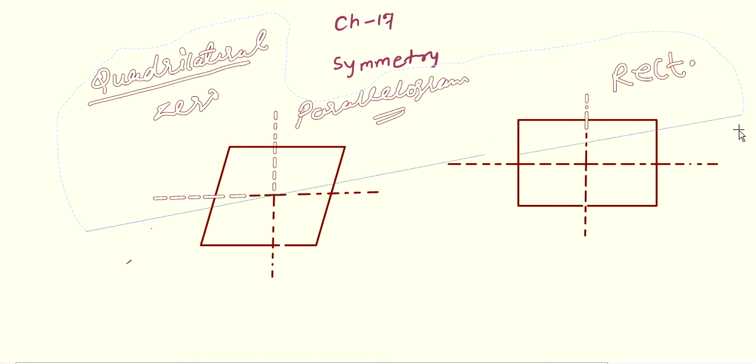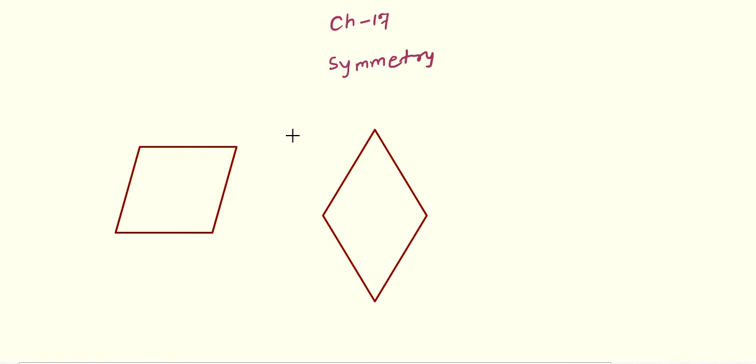Then next is rectangle. Sorry. Next is rhombus. So in rhombus, as you know, all sides are equal. So two lines of symmetry we are having. And you are having rhombus. This is the shape of rhombus. Okay. And one more shape of rhombus we are having, this one. Okay.